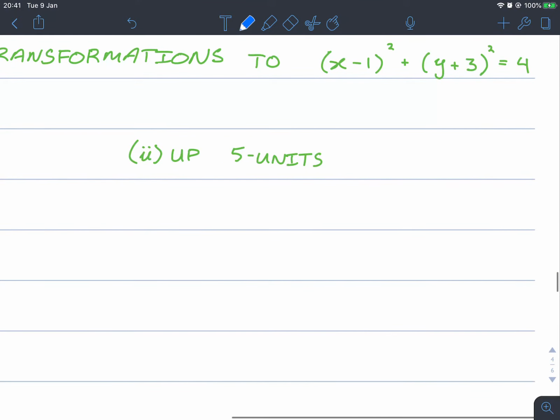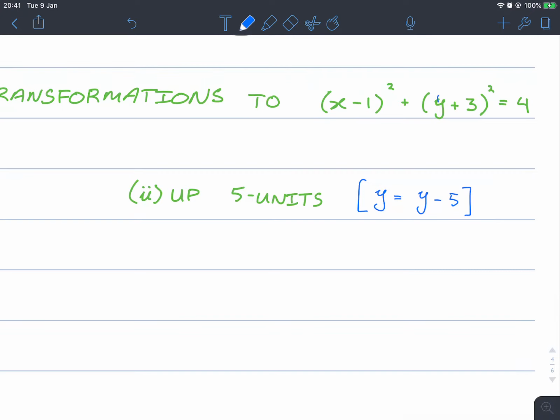Let's move this circle 5 units up. Still very similar, we let y become y minus 5. So wherever there's a y in the expression, we substitute. The x values stay the same because there are no y expressions.